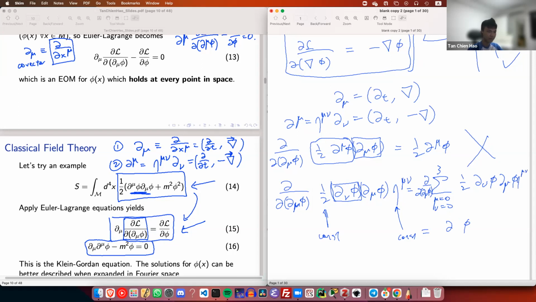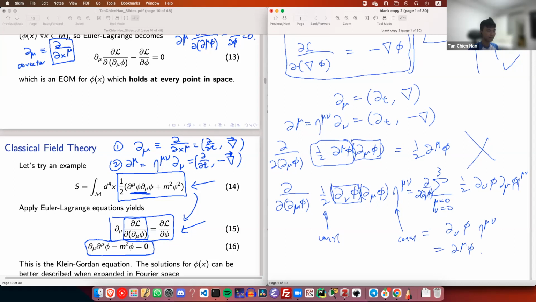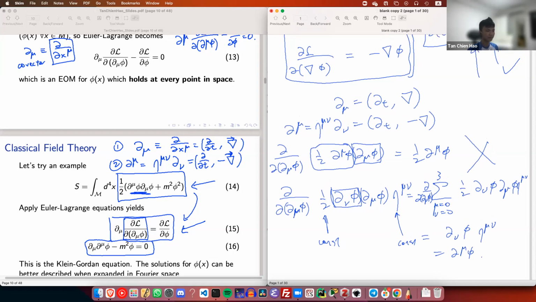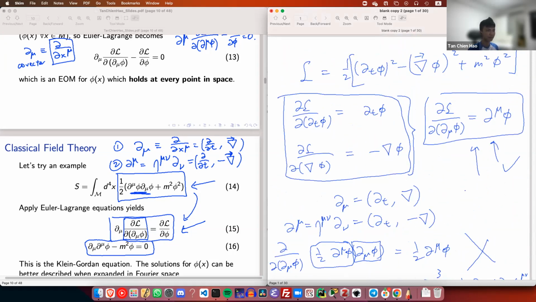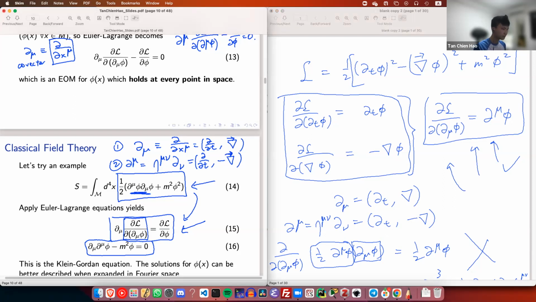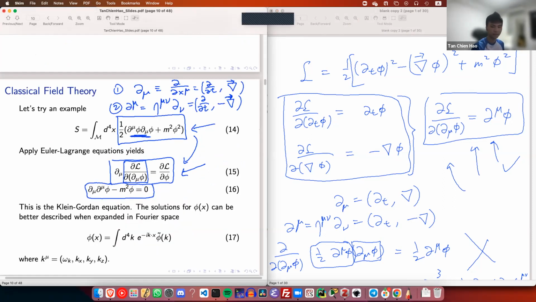You end up getting this, which gives you this. I think this index notation is not so clear. When in doubt, you can always go back to substituting in mu equals 0 to 3.